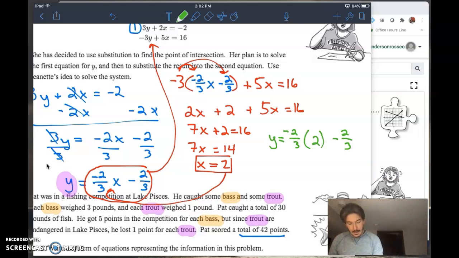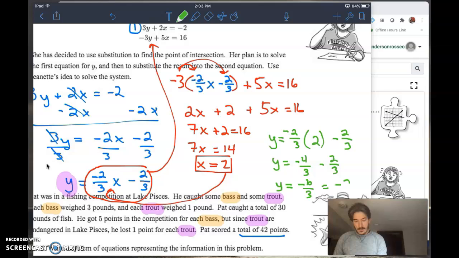Negative 2/3 times 2 is negative 4/3, and then minus 2/3. Then I actually do this subtraction, and I get y equals negative 6/3. Of course, if you simplify negative 6/3, that's just negative 2. So there's my solution for y.